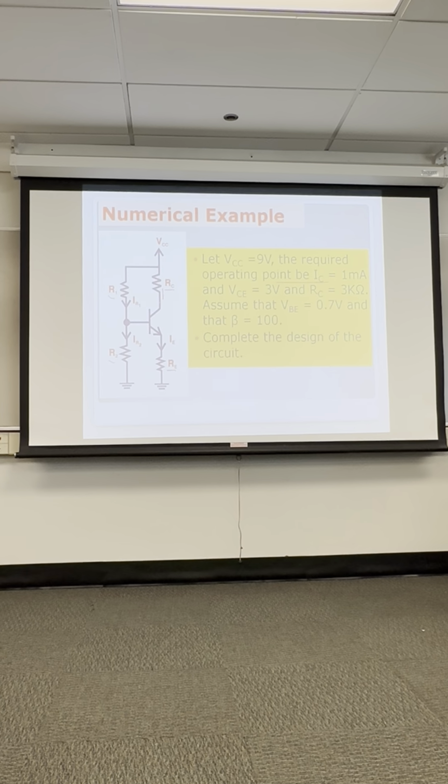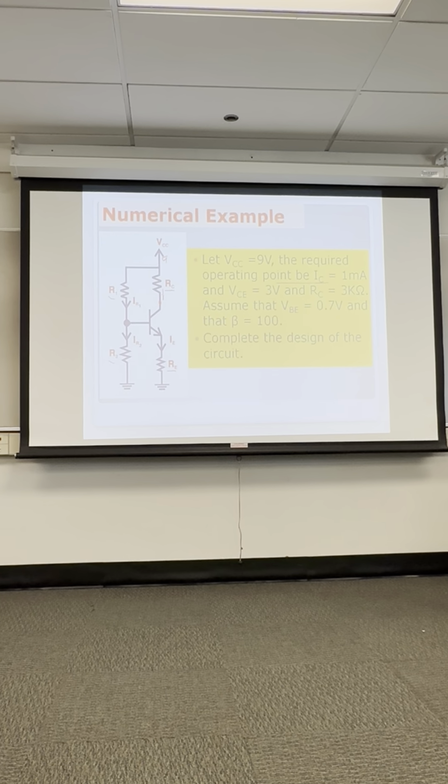So the collector voltage is what? What's the voltage here? V sub C. It's the 9 volt battery minus I sub C R C. If I sub C is 1 milliamp and R C is 3K, that's 9 minus 3, 6 volts. So there's 6 volts on the collector.